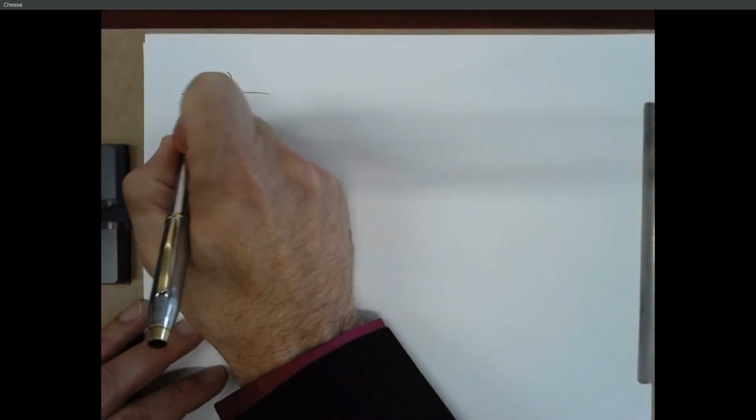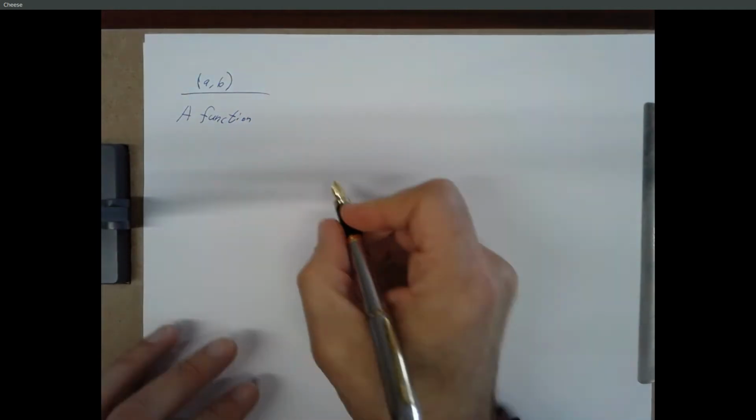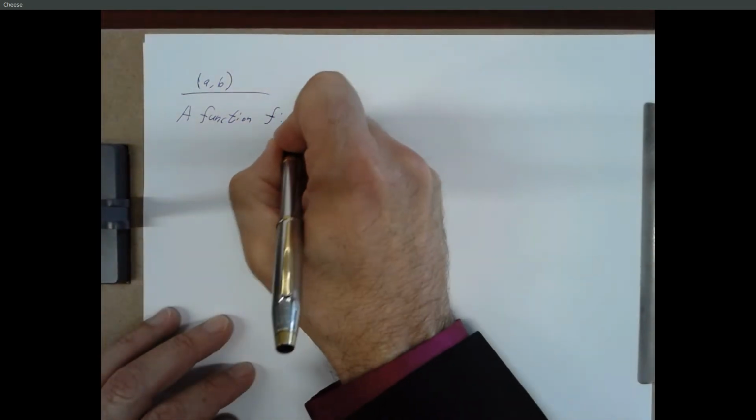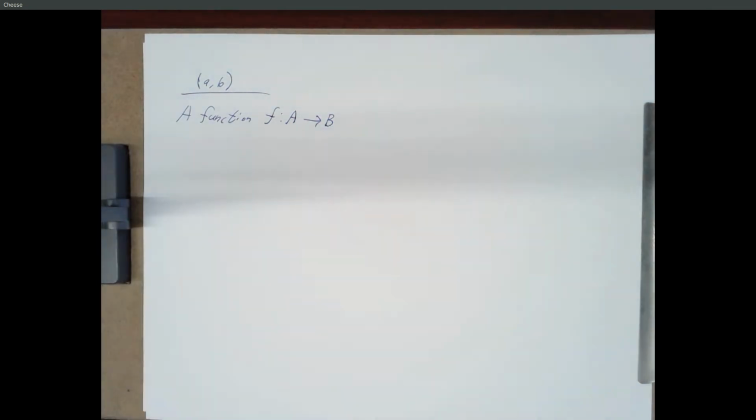So let's think about the idea of a function. A function f, and we usually write f colon and then 2 sets with an arrow in between.